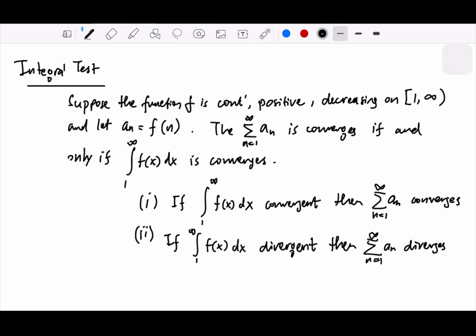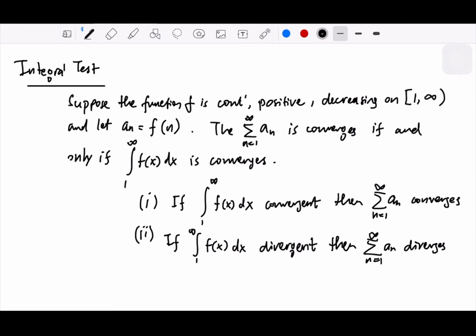So we are just using the improper integral to check whether it converges or diverges. Whenever you have a function or a series that is continuous, positive, and always decreasing, then if you integrate that function and it converges, the series will converge.